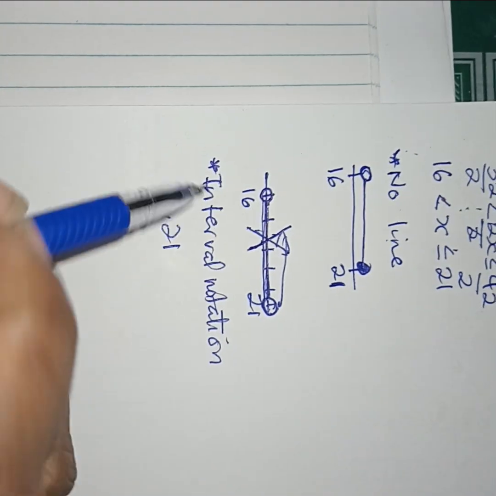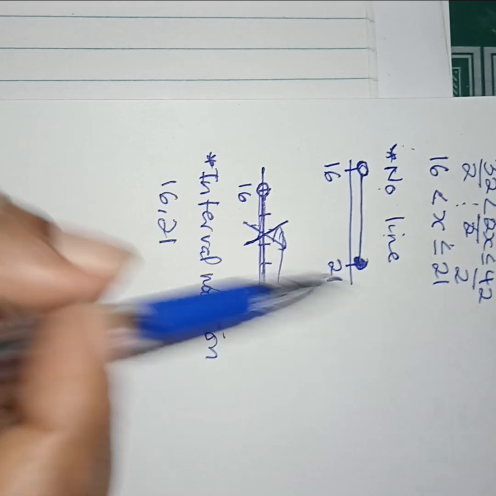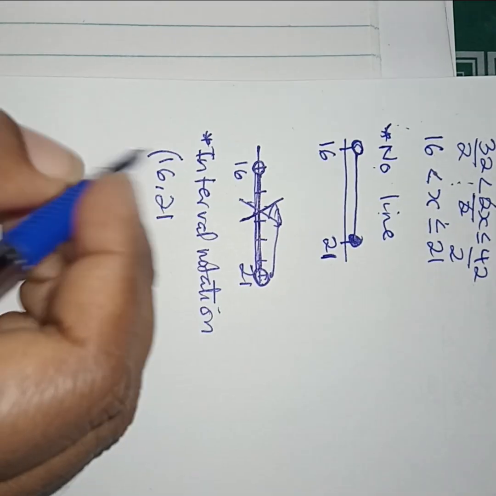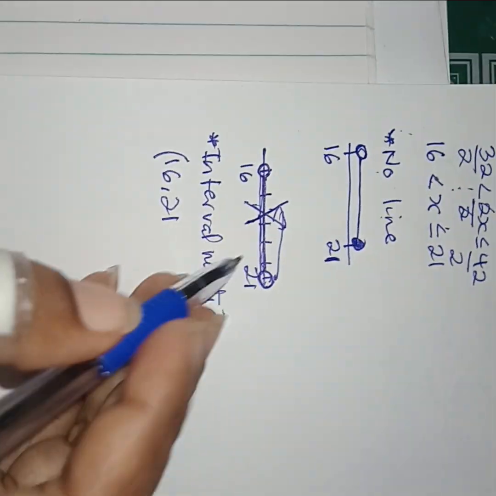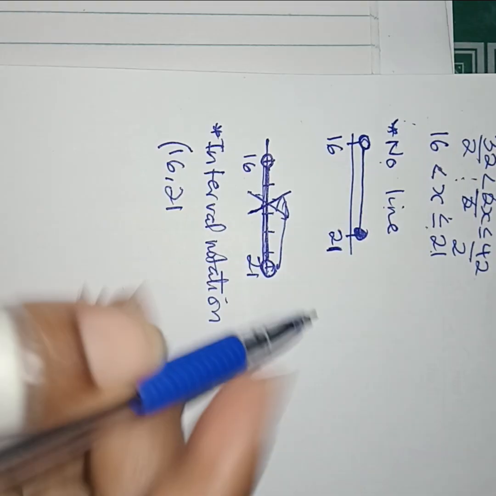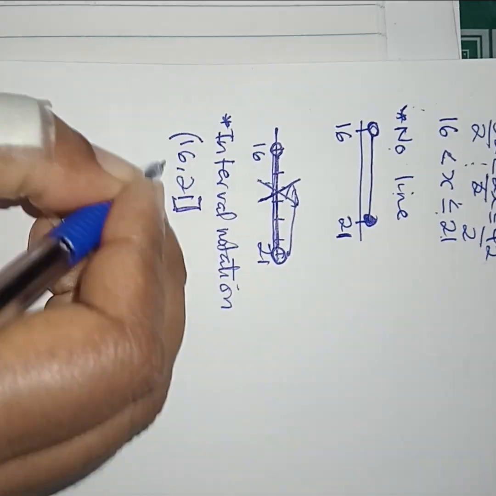There are two types of brackets. Since 16 is only less than x and it's not equal to x, we put a round bracket around it, an open bracket. And since 21 is equal to x, we put a square bracket around it, a closing square bracket.